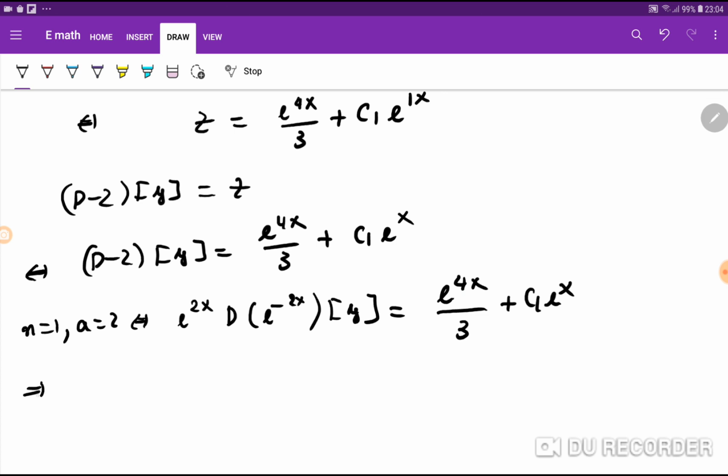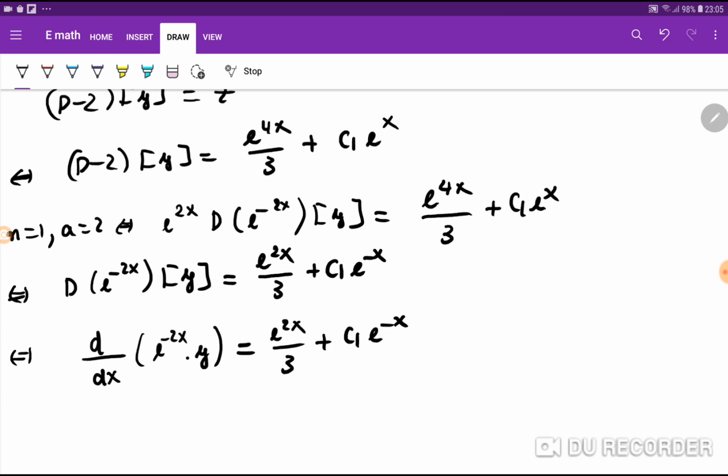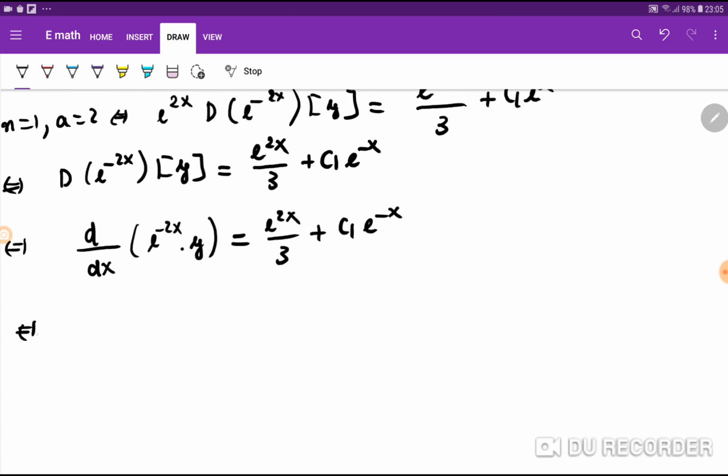Divide e to the power 2x on both sides. You have D of e to the negative 2x times y equals e to the power 2x over 3 plus c1 e to the power negative x. So you rewrite this in normal form, and you integrate both sides.